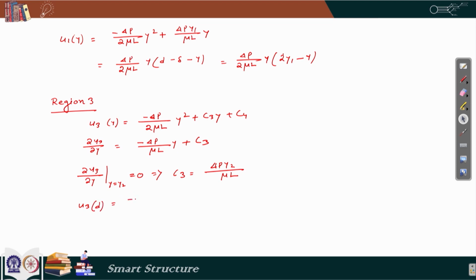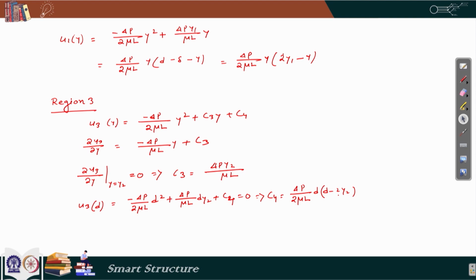If we do it we get the expression minus del p by 2 mu L into d square plus del p by mu L into d y2 plus C4 equal to 0, and that helps me find C4 as del p by 2 mu L d into (d minus 2 y2).